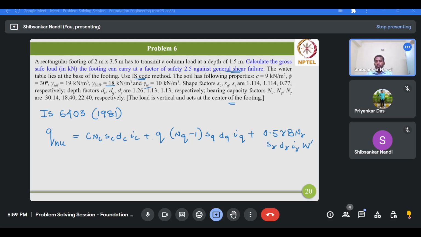The surcharge you can calculate as the effective pressure at the foundation level, B is the width of the footing, gamma is the unit weight, and W prime is an additional term implemented to incorporate the water table correction. So this is nothing but the water table correction factor.